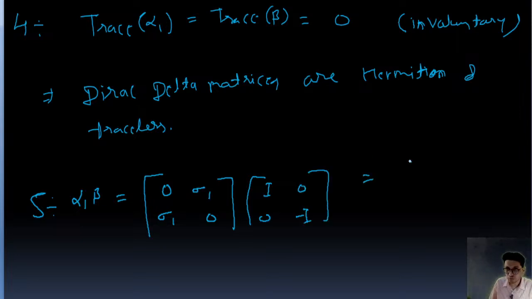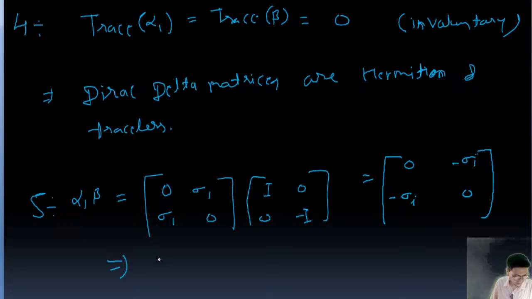This is going to be 0, minus sigma_i, sigma_i, 0. So we have found alpha_i beta.